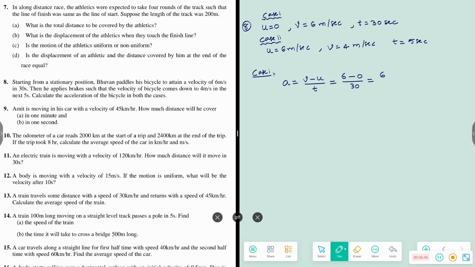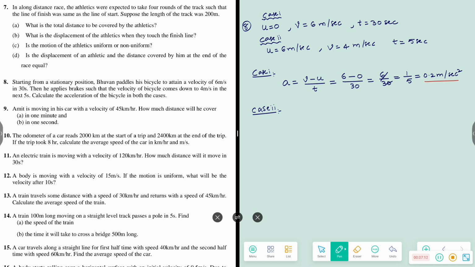So what it is? 6 by 30, after cancellation 1 by 5. If you convert that into decimals, it is 0.2 meter per second square, because it is acceleration. This is the answer in the first case. Now let us find out the answer in the second case, case 2.